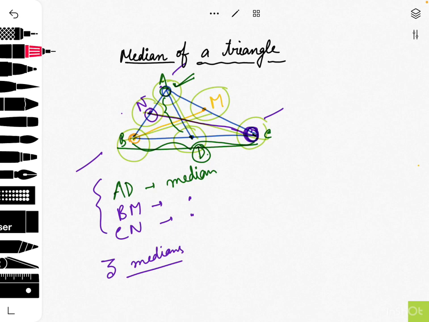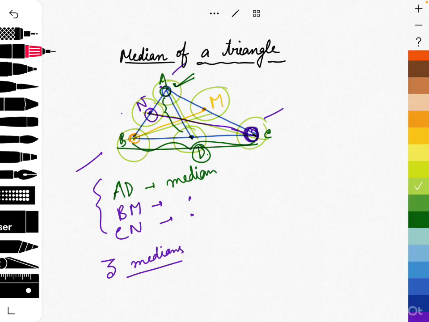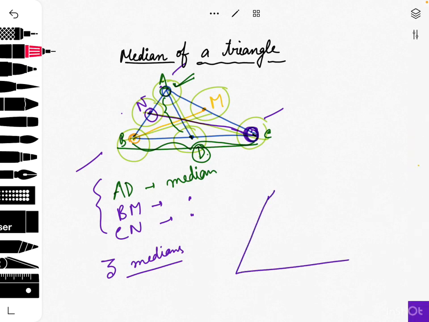Now see, for various triangles some properties are also there. In an equilateral triangle, equilateral means all of its sides are equal. In an equilateral triangle, suppose I am naming it ABC, we are drawing a height in this way, AD. Height means the perpendicular drawn from one vertex to its opposite side BC.